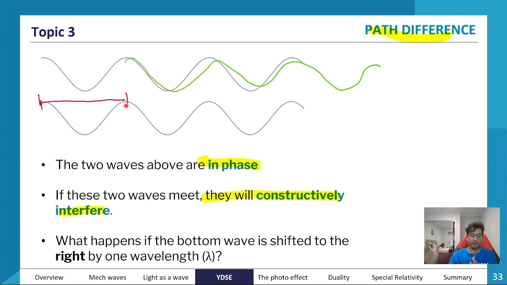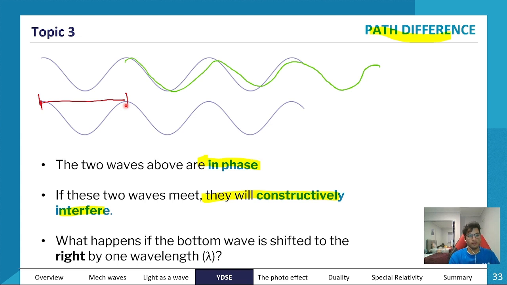Because it's moved one wavelength across, and it's the same wave, these two waves are still going to constructively interfere. Why? Because again, it's the same wave, traveling in phase, traveling together. So they're going to constructively interfere, and you're going to get a bigger wave. Now what happens if we move the wave by another wavelength?